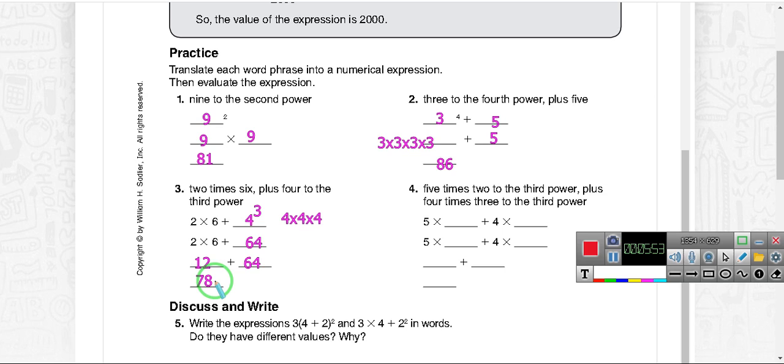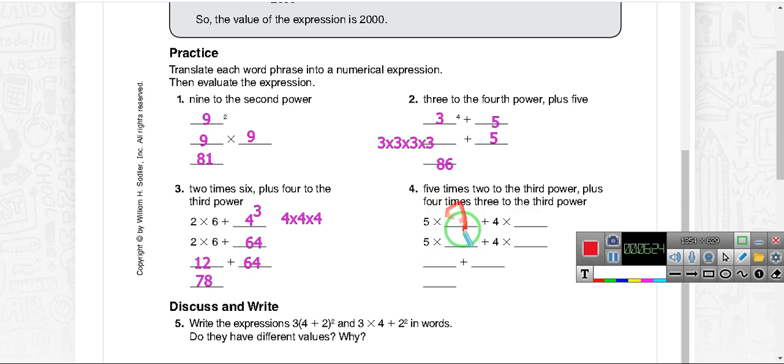Okay. Let's move to question number 4. I will help you to do it, but you are requested to write it in your notebook. Show me your answers. 5 times 2 to the third power. This 2 should be raised to the third power, meaning 2 caret 3. Plus 4 times 3 to the third power. Now let's check this one. We have 5 times what?